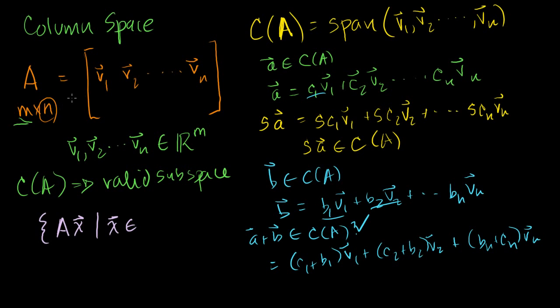Remember, x has to have n components in order for this multiplication to be well defined. So x has to be a member of Rn. Let's think about what this means. This is the set.